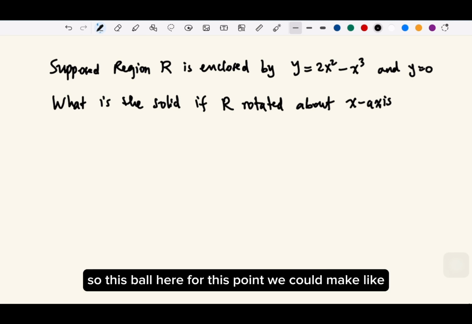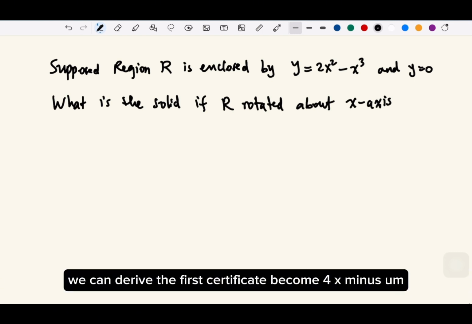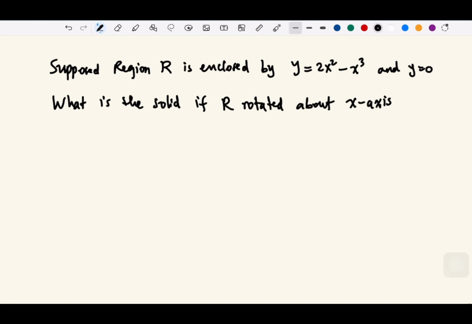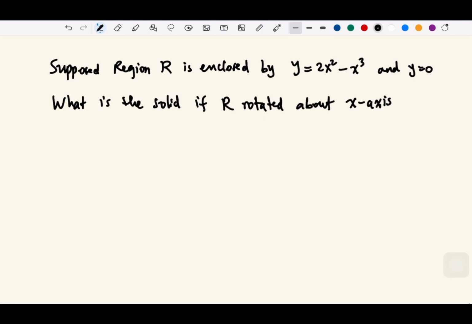For this one, it's easy to derive, right? We can take the first derivative, which becomes 4x minus 3x squared. And we find the critical points, and also we find the second derivative and the concavity. Just to refresh, let me write.